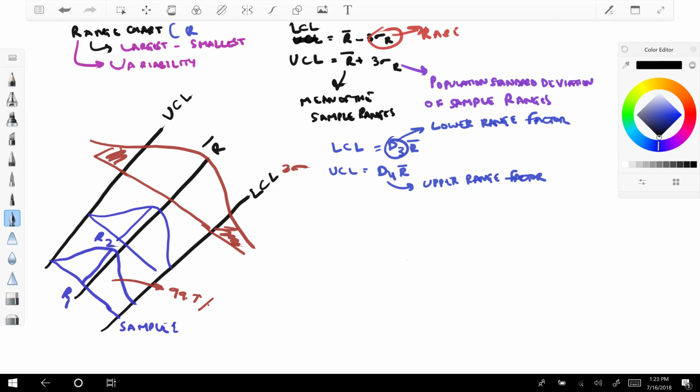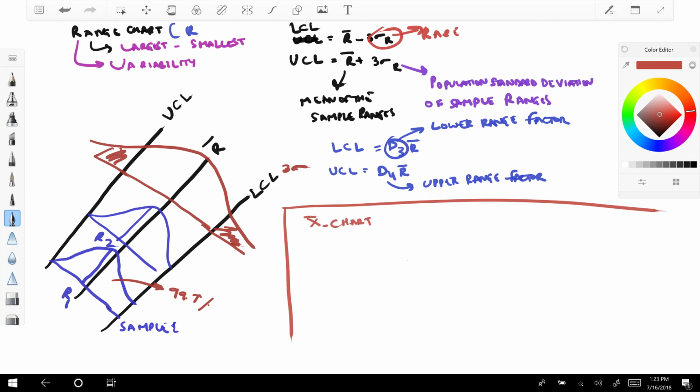For our X bar chart, the lower control limit would be X double bar minus A R bar, and the upper control limit would be X double bar plus A R bar.